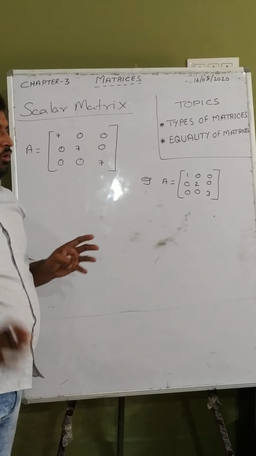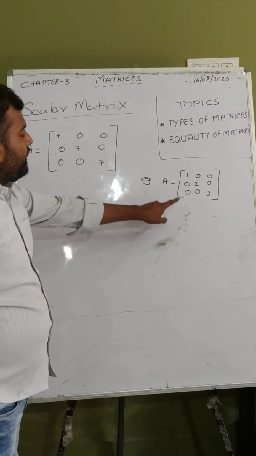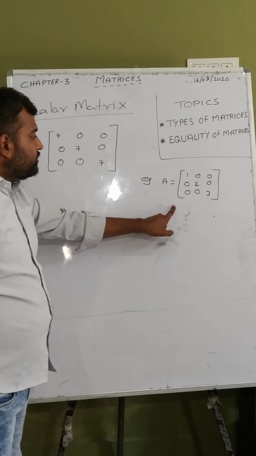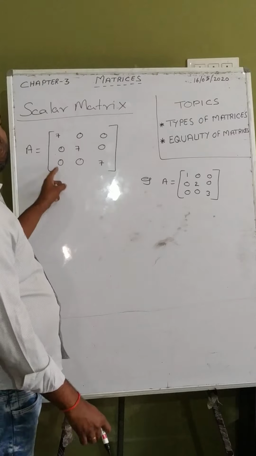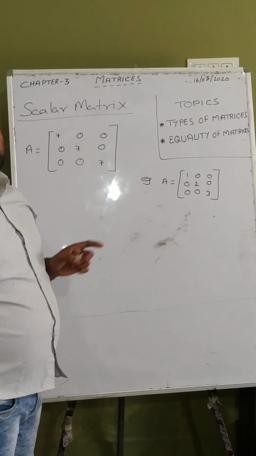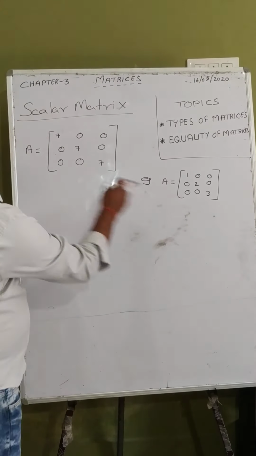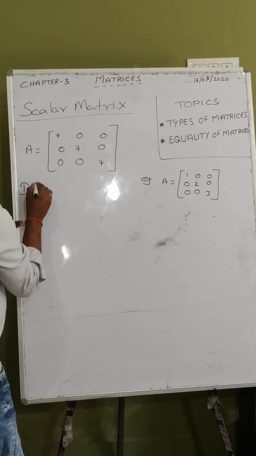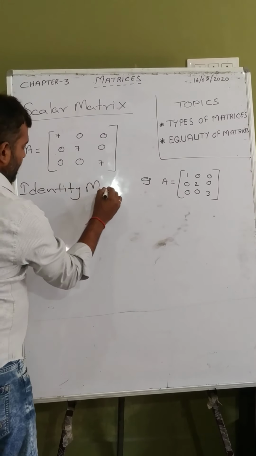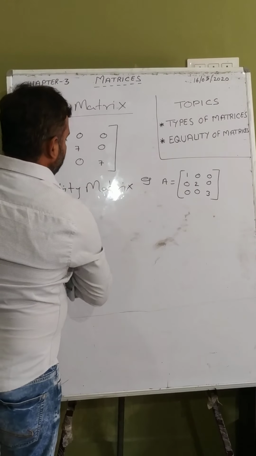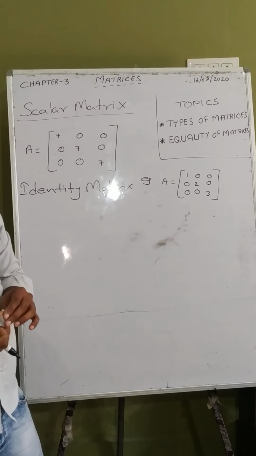Clear to everyone? What is a scalar matrix? A diagonal matrix in which all the diagonal elements are the same is said to be a scalar matrix. Clear? Next point. Identity matrix.